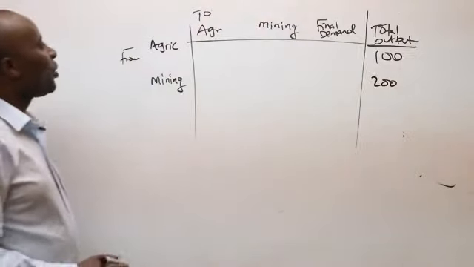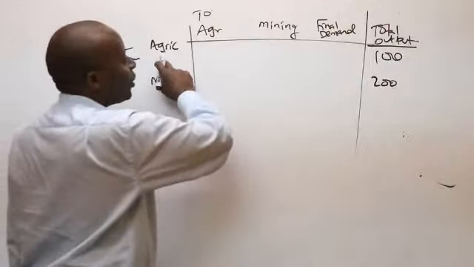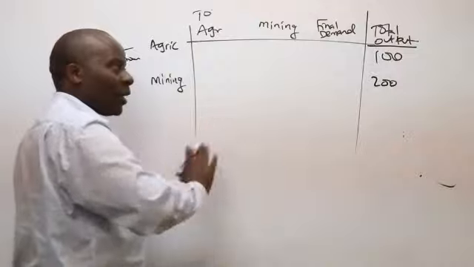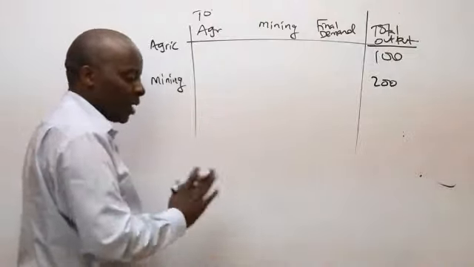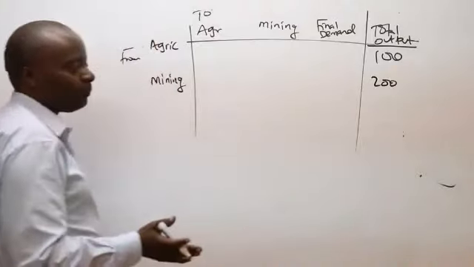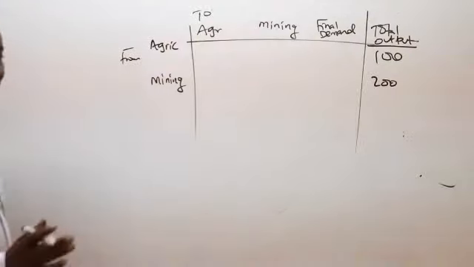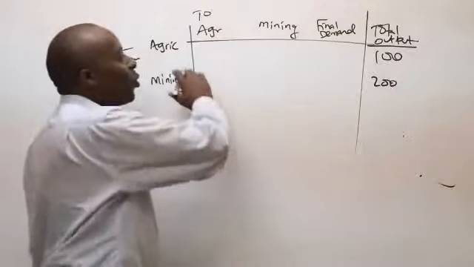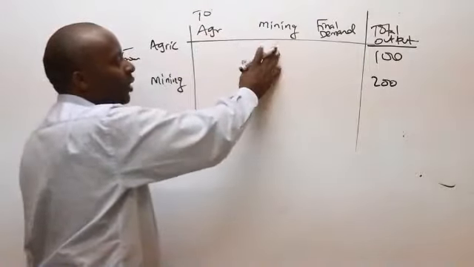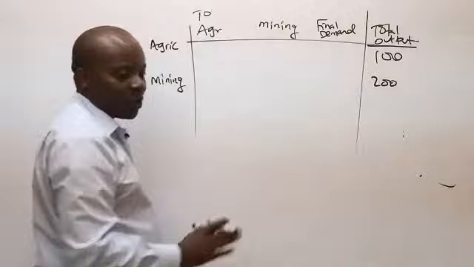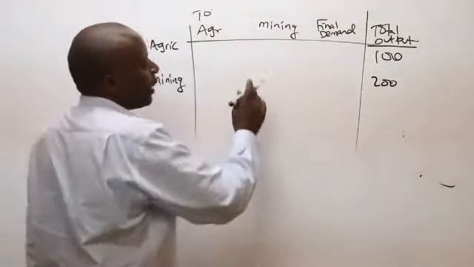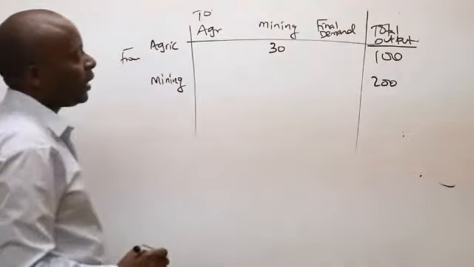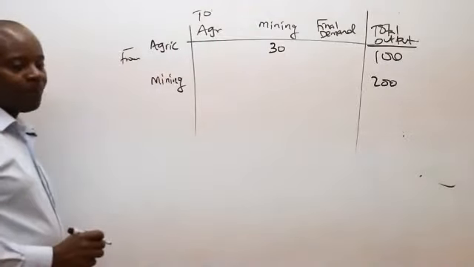From agriculture in the year, there will be quite a lot of transfers between sectors. That's very normal. For example, agriculture could have sold some bags of maize to the people in the mining industry, perhaps 30 kilograms.